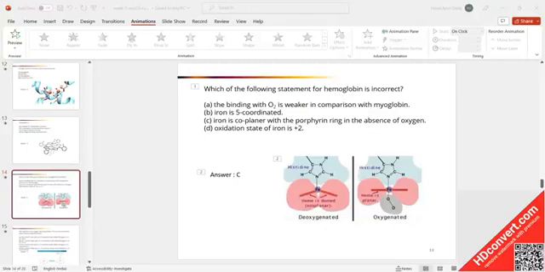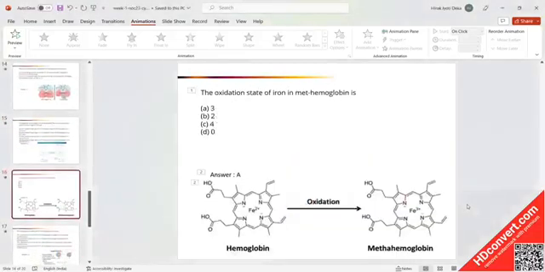Therefore the iron is in the +3 oxidation state, while the oxygen molecule bound to the iron becomes a peroxy-like species, O2 minus. Therefore, the correct option is option A. And there is one more histidine at a distal position, further from the porphyrin system, that also binds to the oxygen and helps it go to the O2 minus form. So I think it's clear. Let's move to the next one.